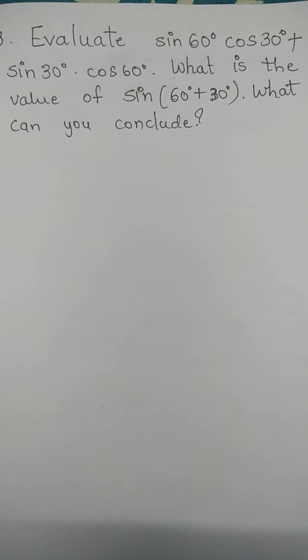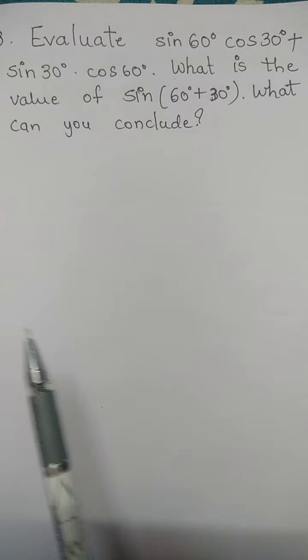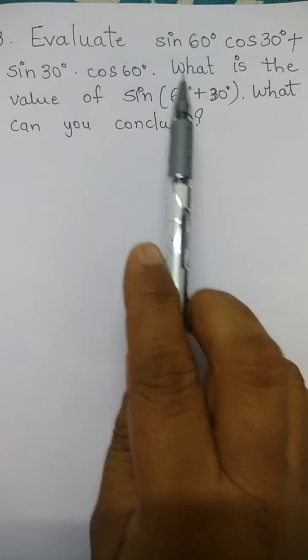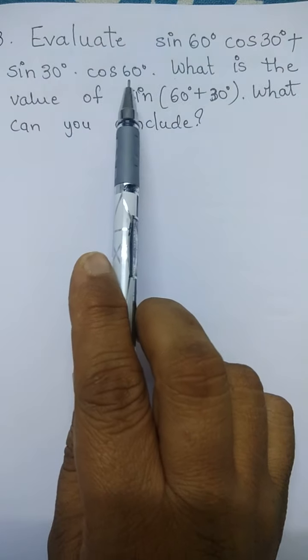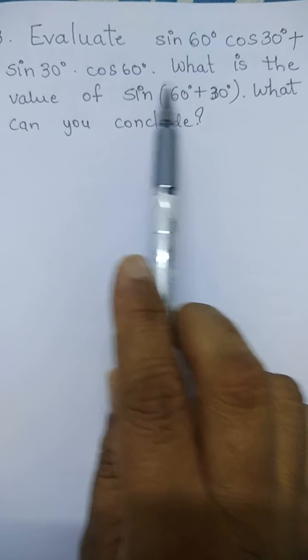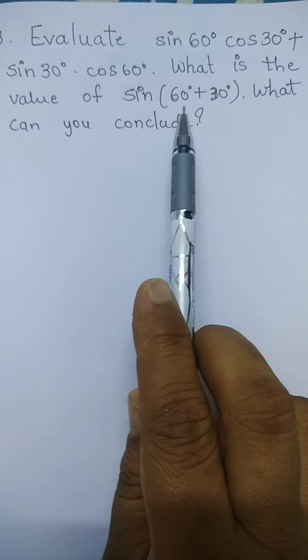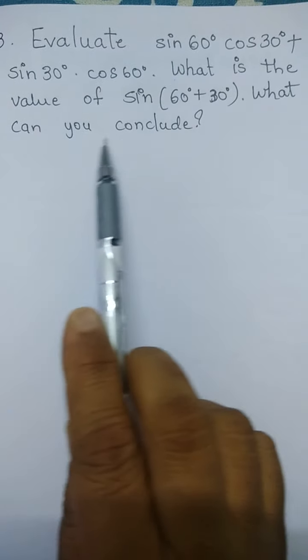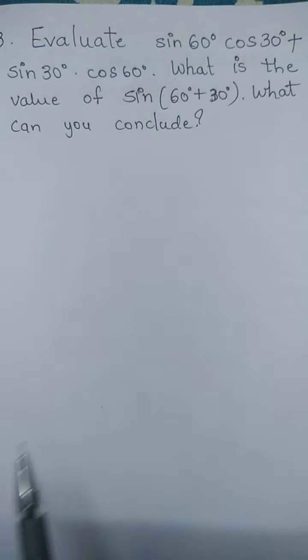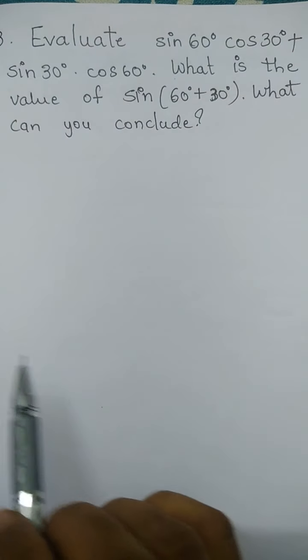Let us solve this problem. In the question it is given: evaluate sine 60 degree, cos 30 degree, sine 30 degree, cos 60 degree. What is the value of sine 60 degree plus 30 degree? What can you conclude? So what we have to do?